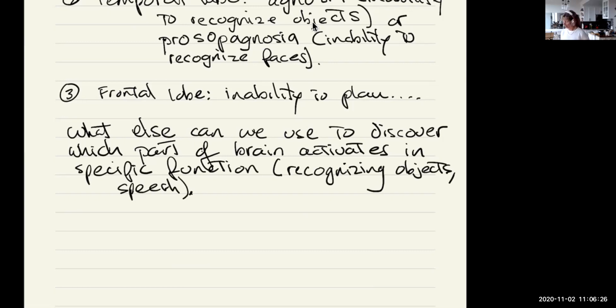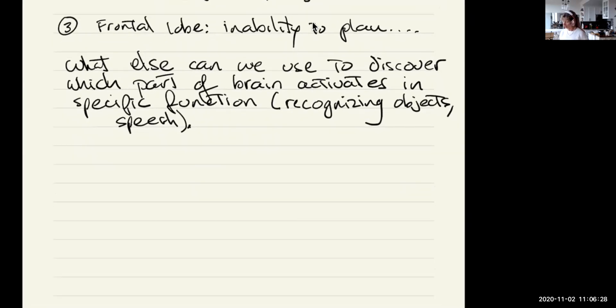What other methods? Well, there's a scanner known as a PET scanner. I don't know if you've heard of that. PET, positron emission tomography.